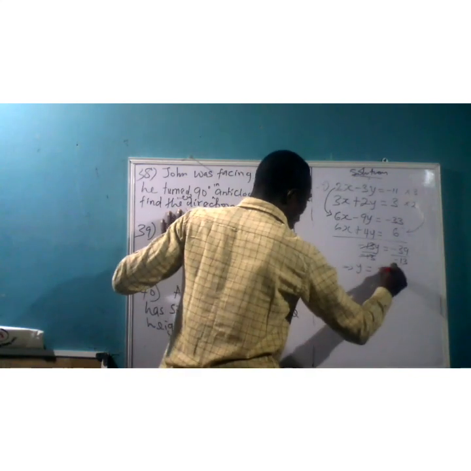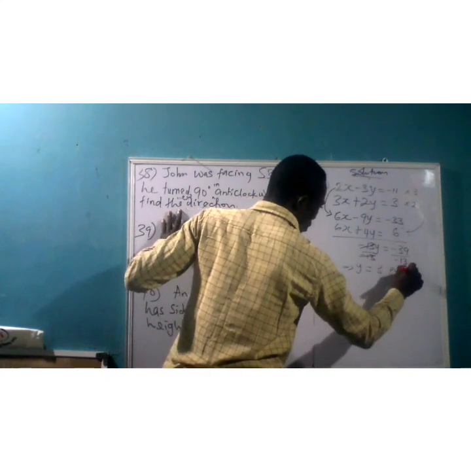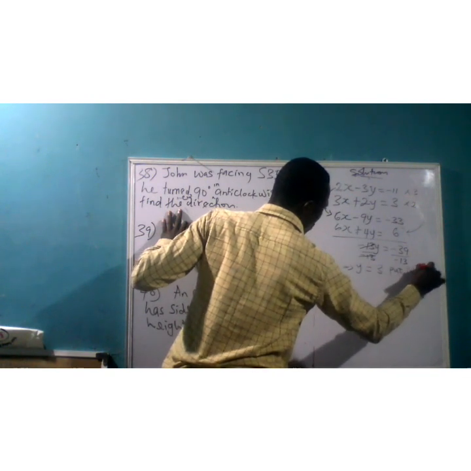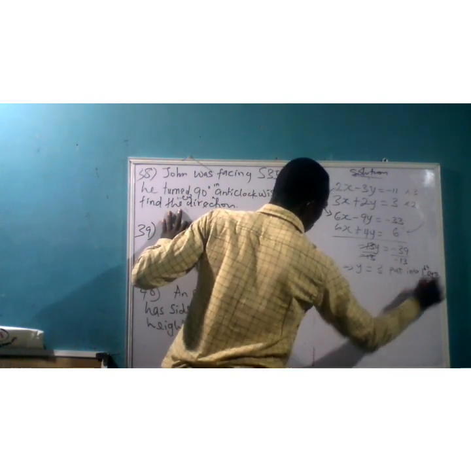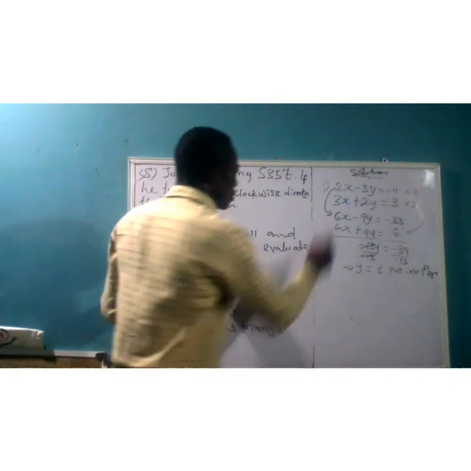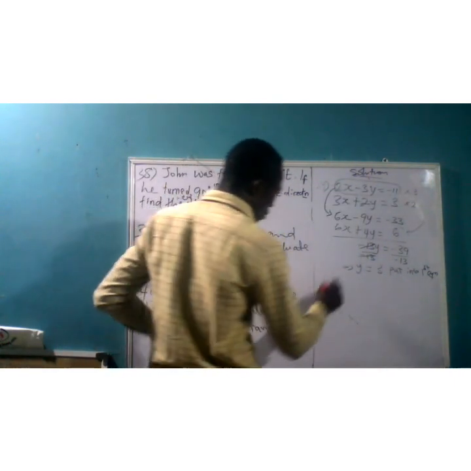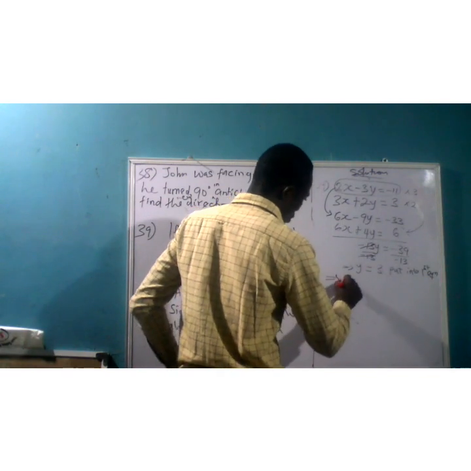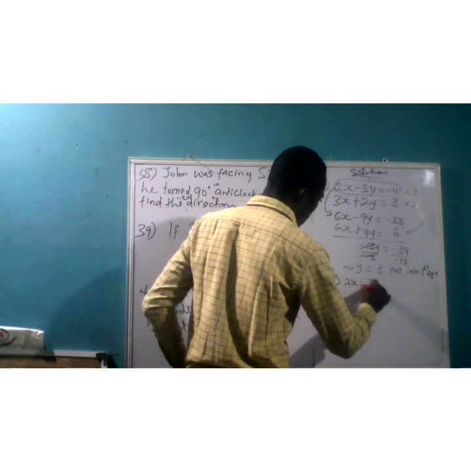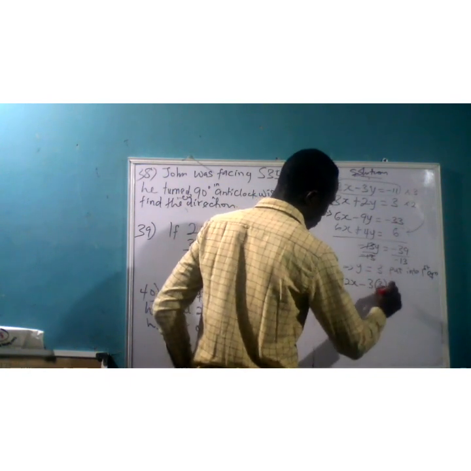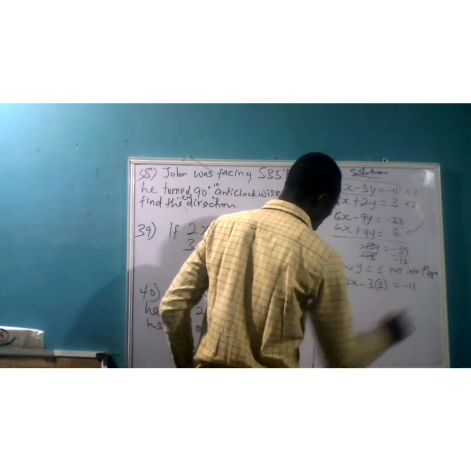Okay, put y equal to 3 into the first equation. Now that will give you 2x minus 3 times (3) equals minus 11.